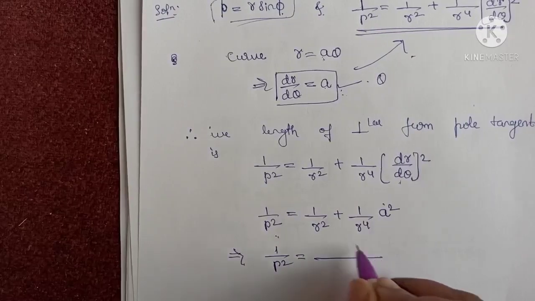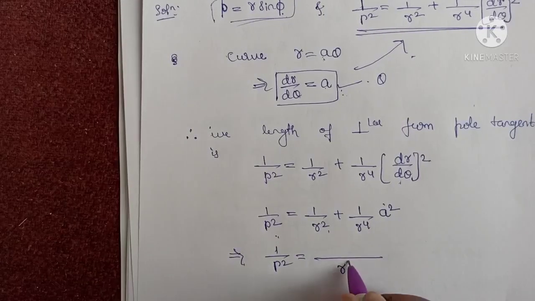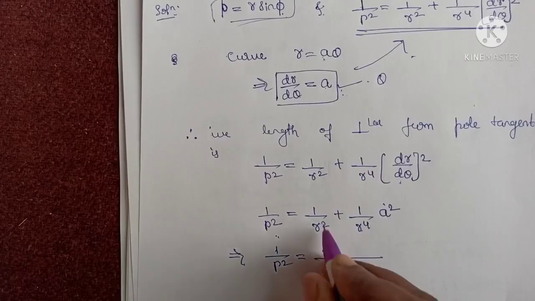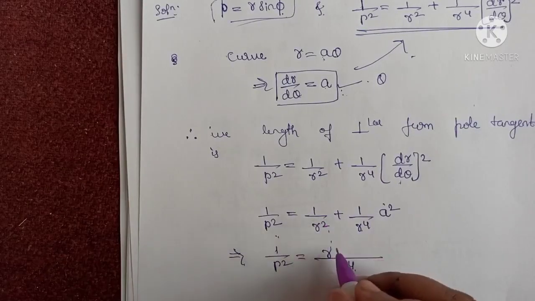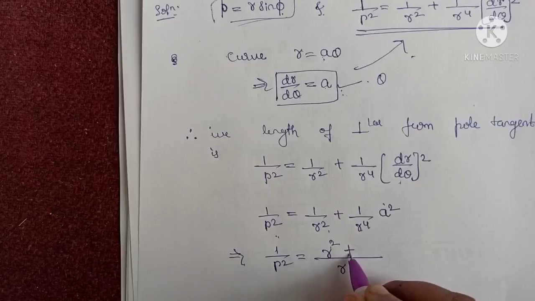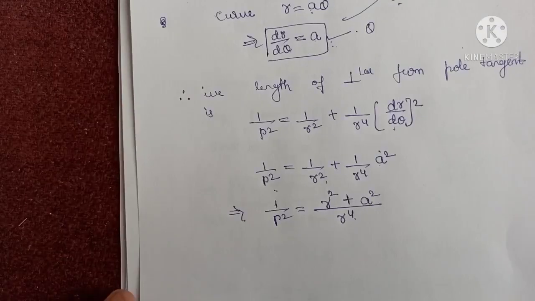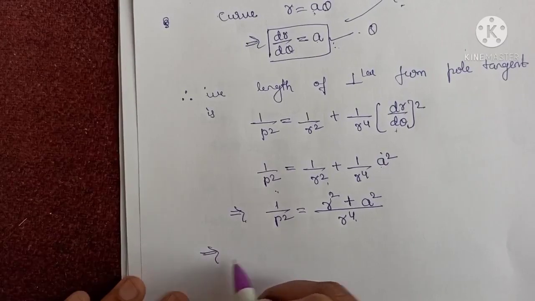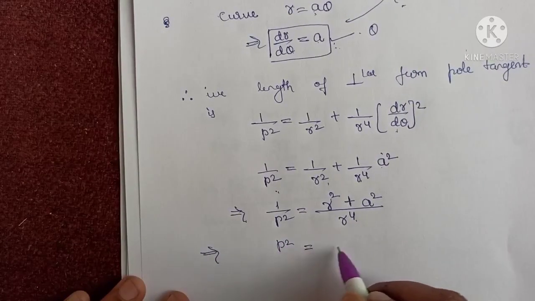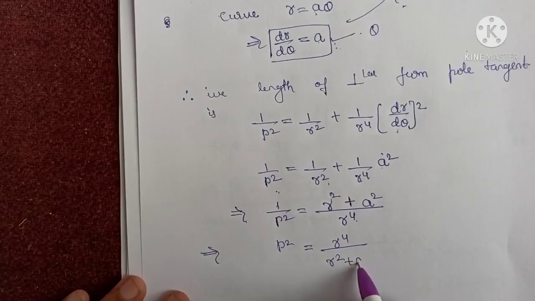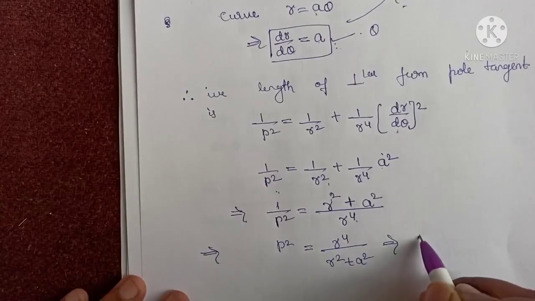You can take r power 4 as LCM: taking r power 4 LCM we get r square plus a square. Taking reciprocal we get p square equals r power 4 divided by r square plus a square.